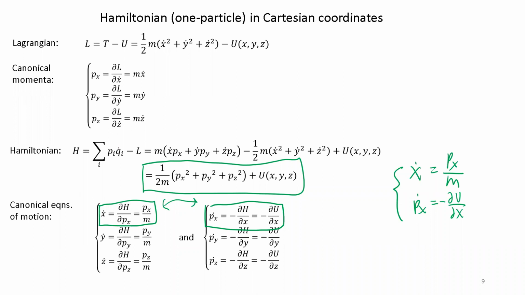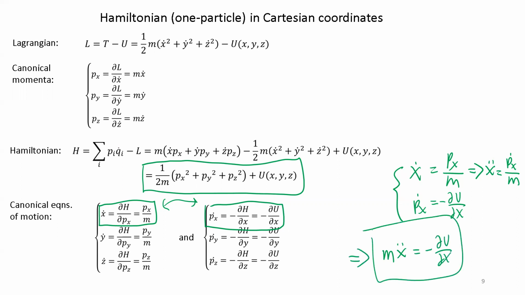Practically, when you solve them, at the end of the day you are going to combine these two equations together. You take the derivative of the first equation, so x double dot equals px dot divided by m. Let's substitute into the second equation. What do you get? m x double dot equals minus partial u partial x. Newton's equation here.